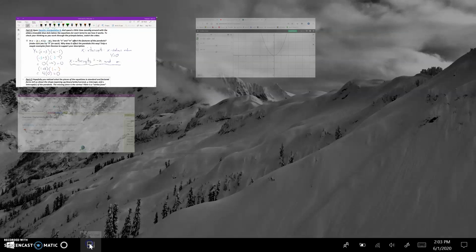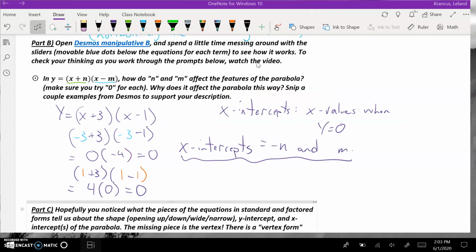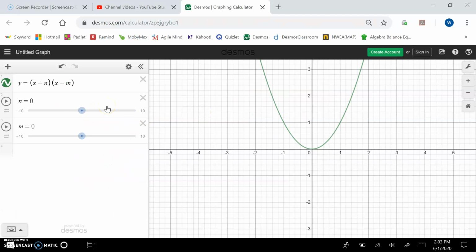Looking back at the manipulative, sometimes both your x-intercepts are on the positive side. Let me make these nice whole numbers. In this case, the equation would be (x minus 2)(x minus 4).